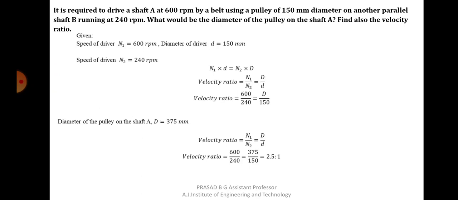So in this particular question, it is not related to the length of the belts. The previous question was completely to find the length of the belt, but in this case it is not at all related to the length of the belt. Rather, they are asking you to find the diameter of the pulley, and also the velocity ratio.